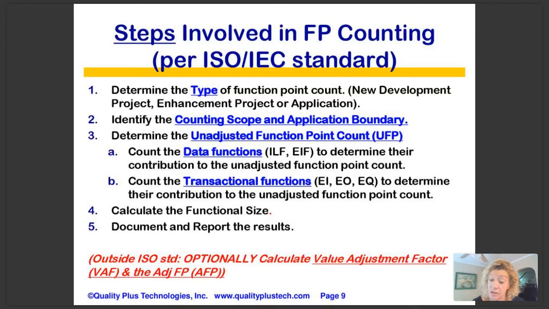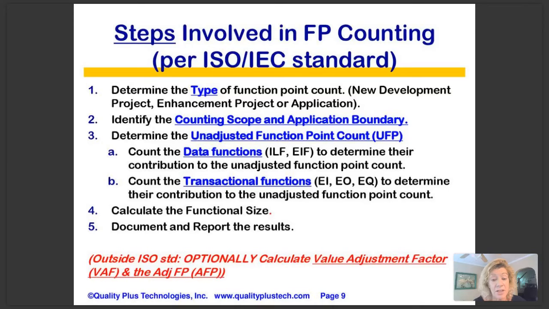You could have an external input, you could have an external output, you could have an external query, you can have ILFs and EIFs that can be conversion functionality. Those become part of the project only. They do not go into the application. So I could have a project that has 100 function points of conversion functionality, and it would be 0 application function points that would be added to my application.